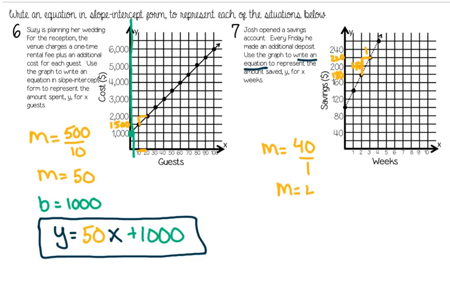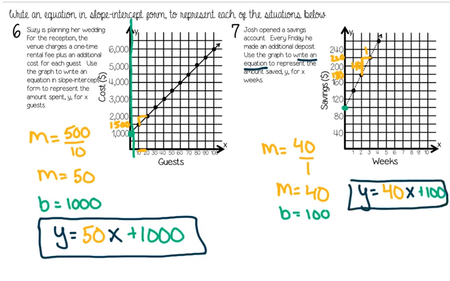Reducing that, it's the same thing as 40. And then I need to find my y-intercept. This is right here, so that's at 100. So my equation becomes y equals 40x plus 100.